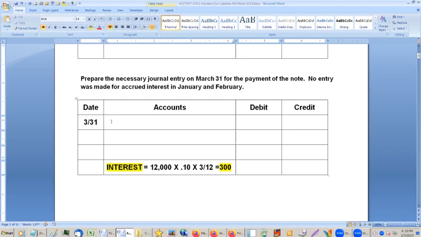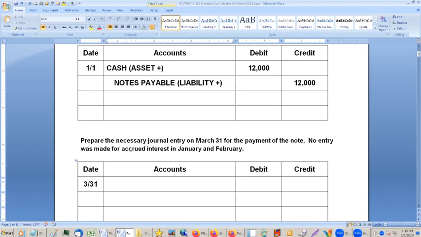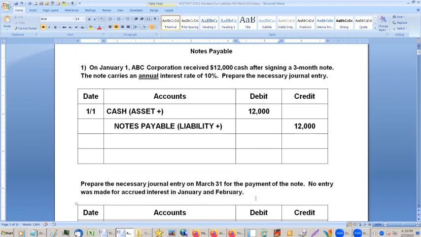All right, so what's the journal entry going to look like? You're going to debit note payable 12,000. Yep. Debit interest expense 300, and then cash 12,300. So this is a liability going down. We're now paying it off for 12,000. We have interest expense, and this is interest expense for the year.